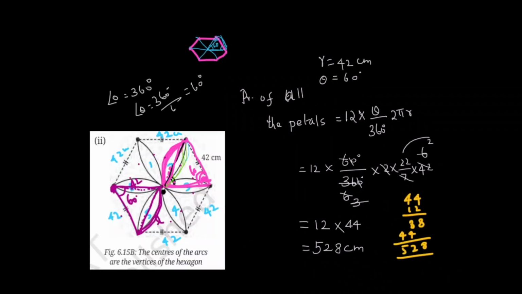So 12 times the arc length of a sector, theta by 360 2 pi r. Arc length here is 528 when the angle is 60 and the radius is 42 centimeter.